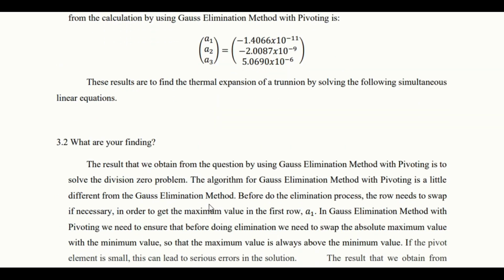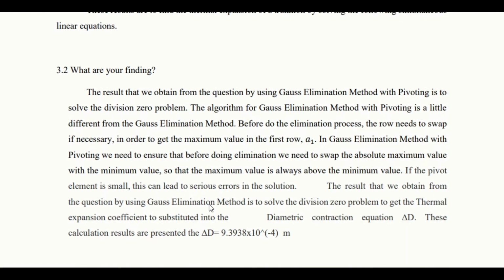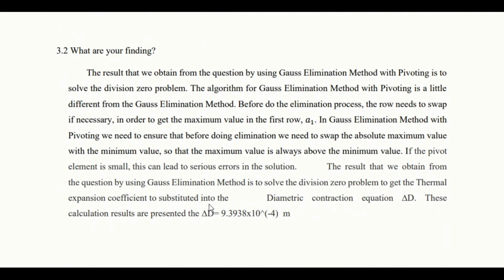These results are used to find the thermal expansion of the trunnion by solving the following simultaneous linear equations. Next, what are my findings? The result that we obtain from the question by using Gauss elimination method with pivoting is to solve the division by zero problem. The algorithm for Gauss elimination method with pivoting is a little different from the Gauss elimination method.